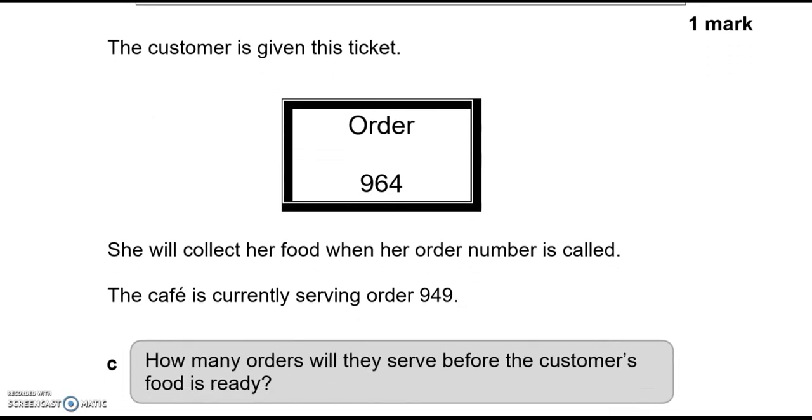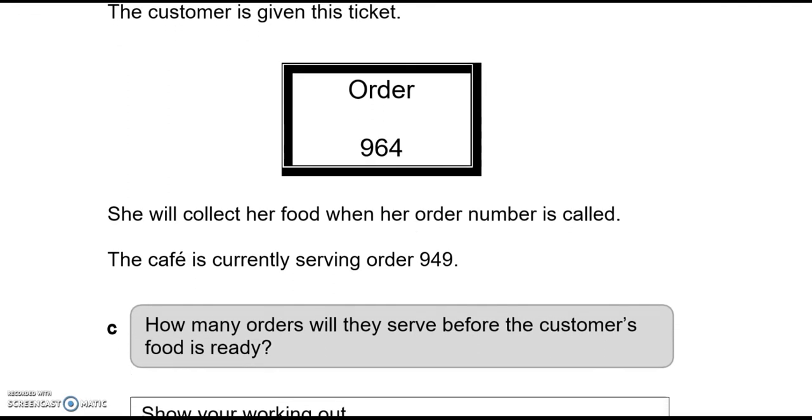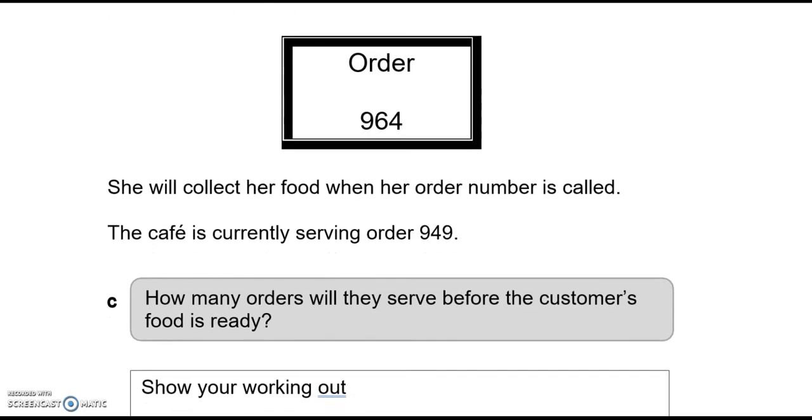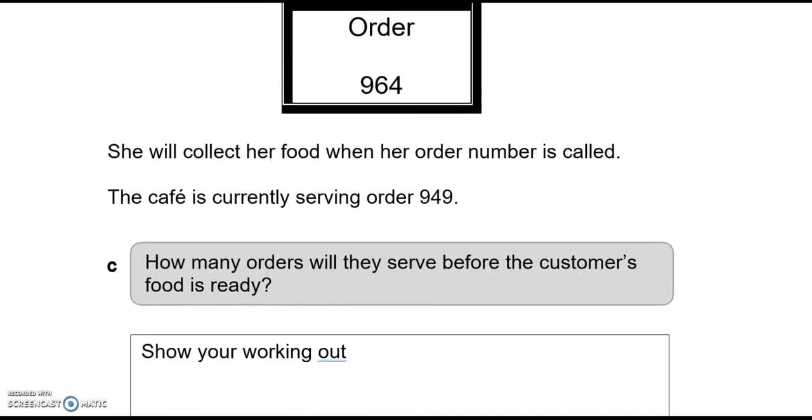The customer is given this ticket, order 964. She will collect her food when the order number is called. The cafe is currently serving order 949. How many orders will they serve before the customer's food is ready?